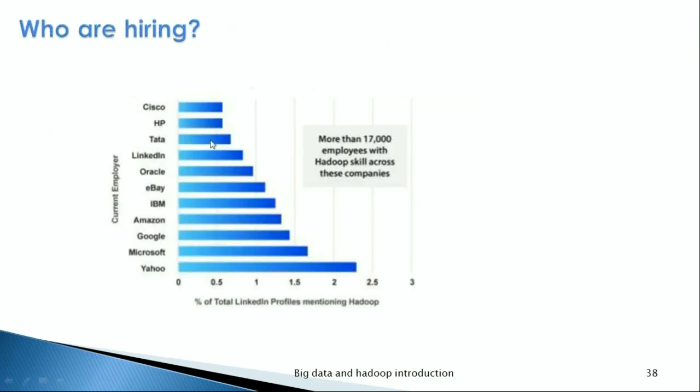Almost all the companies leading this space are hiring, including all of the Fortune 500 companies, and they are prevalently using Hadoop-based technologies. The slide is self-explanatory: more than 17,000 employees are employed by these companies with Hadoop skill sets.